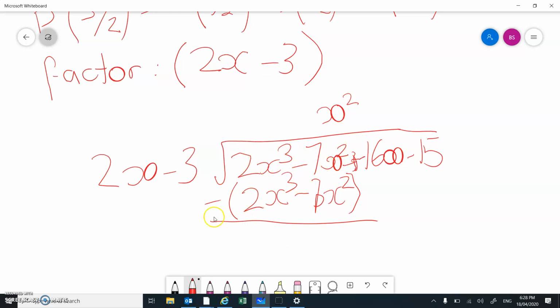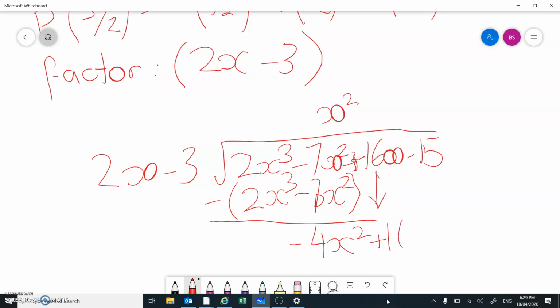Minus 7x squared minus 3x squared, that's effectively minus 7x squared plus 3x squared, gives us minus 4x squared. We always like to have 2 things on each line, so we need something else here.